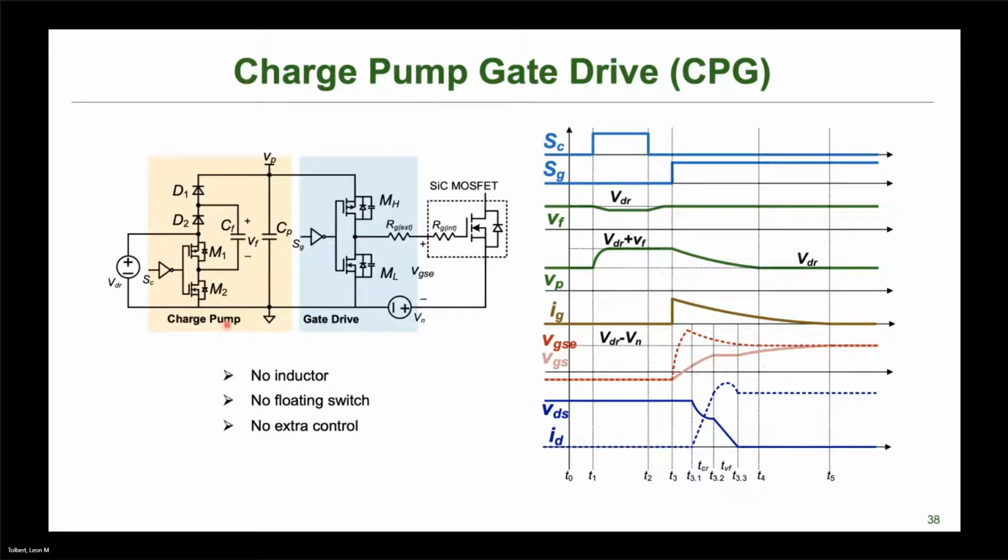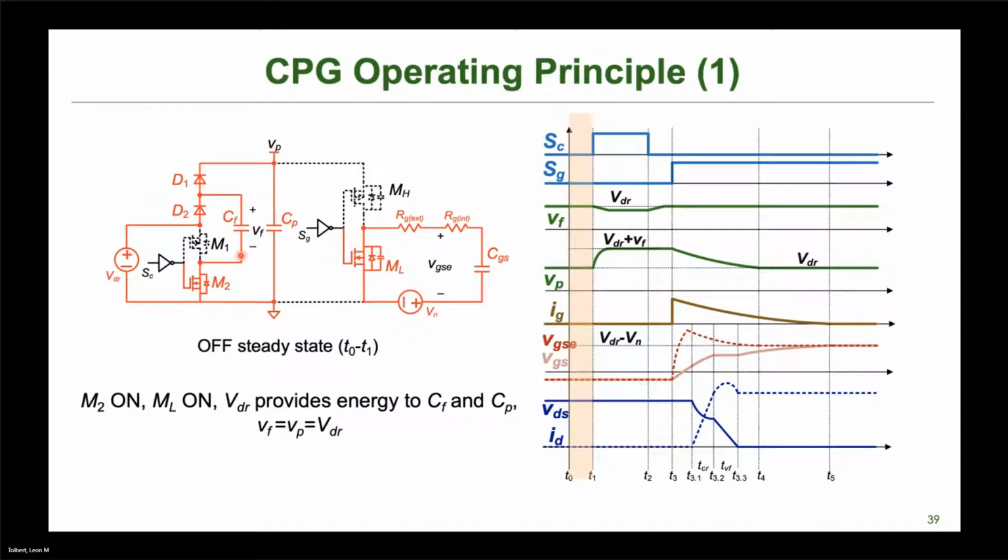But what we've done here is added this charge pump in the middle. The charge pump requires some logic level circuit in terms of switches, a couple of small diodes, and some capacitances. Of course, these capacitors are quite a bit smaller than that inductor that we saw for the current source gate drive. And so again, we will run through how this one works.